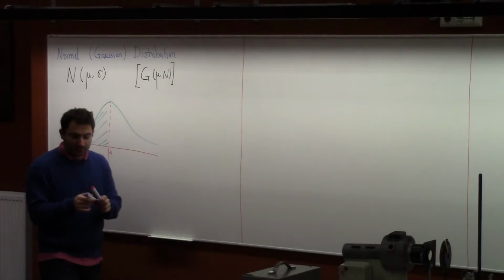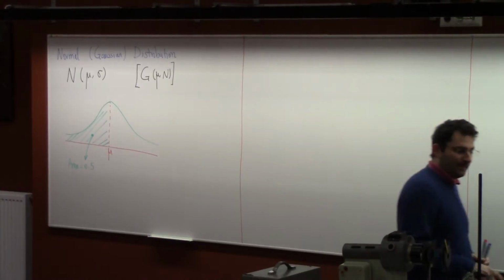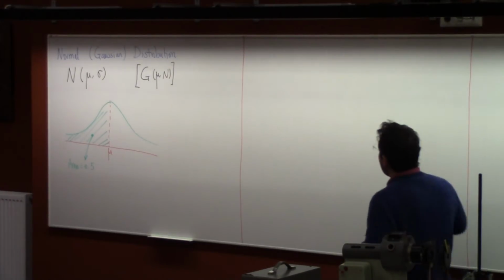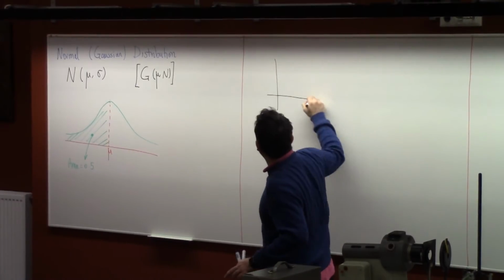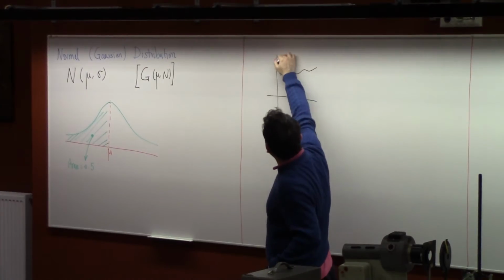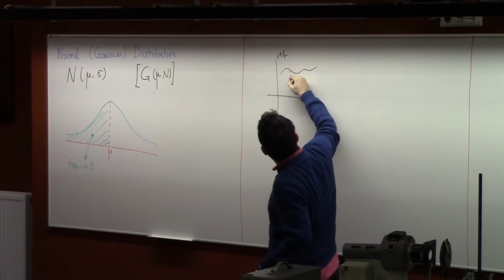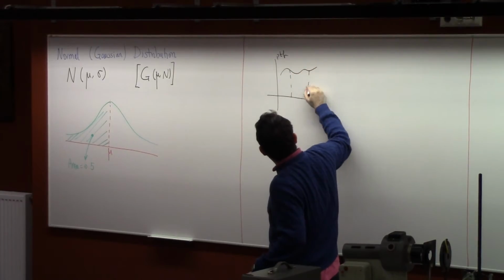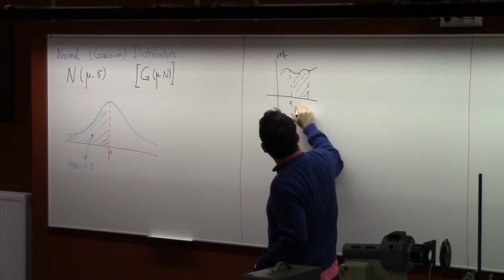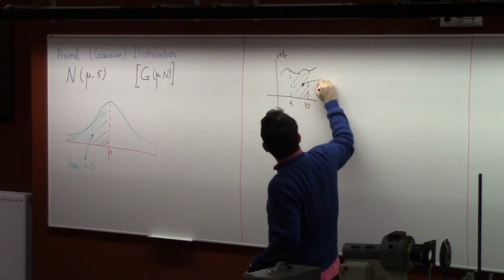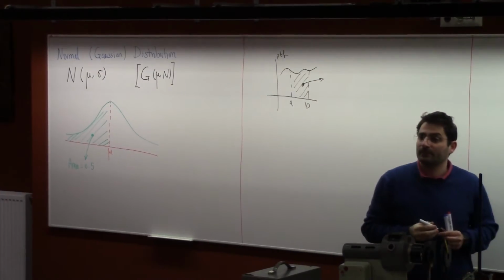Let's put it in this form. I have a graph like that, not a normal PDF. This is my PDF. From A to B, what does this area represent?